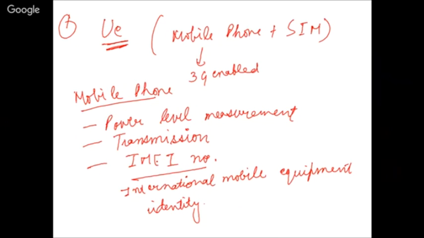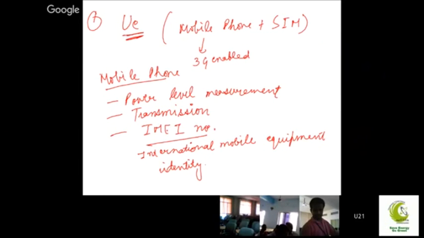Whenever our mobile SIM is not getting a perfect network, the operator catches our IMEI number and starts scanning what the problem is, why he or she is facing the network problem. So this is the main use of the mobile phone.